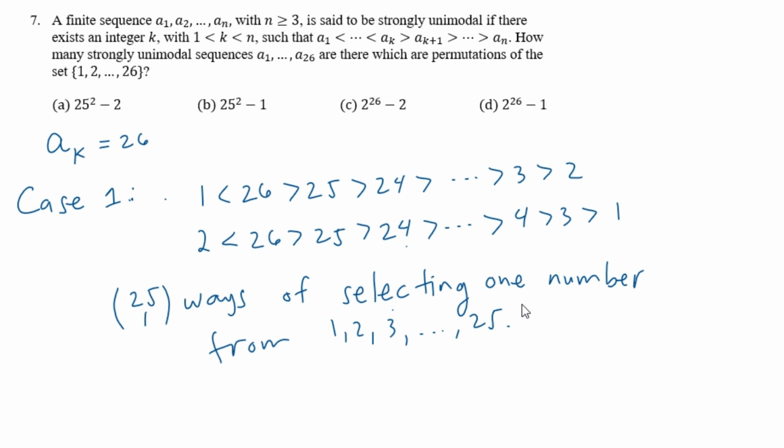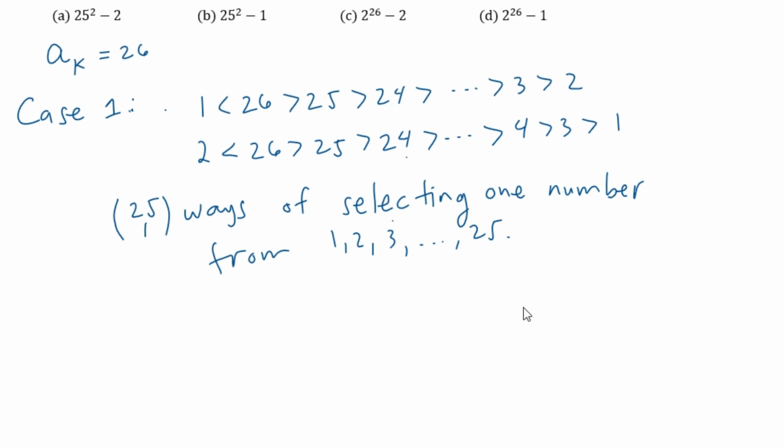Now for case 2, we can place any two numbers out of these 25 numbers to the left of 26 and then the rest to the right of 26. So case 2, we can place two of these numbers to the left. As an example, let's take 2 less than 3 and then 3 less than 26.